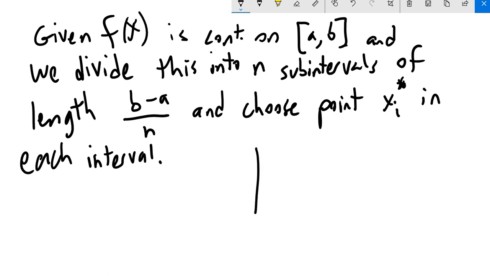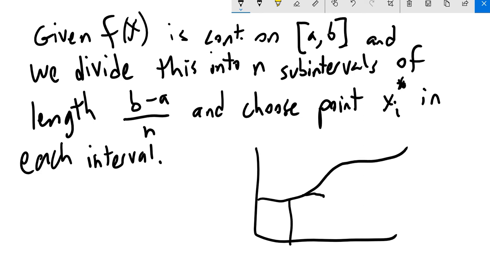So let's say our function looked something like this, and we had a couple of rectangles in here, something that looked like that. And let's say we're looking at the second interval, so that would be i equals 2. Xi star means we're choosing any x on this line.